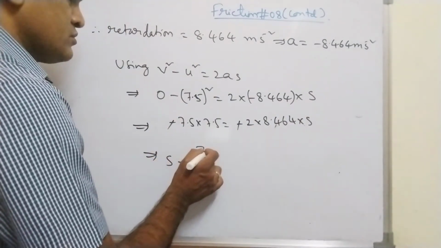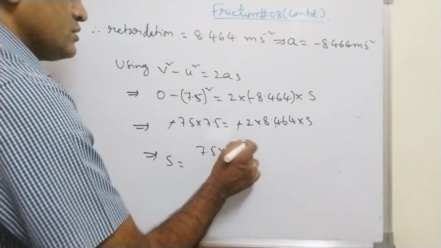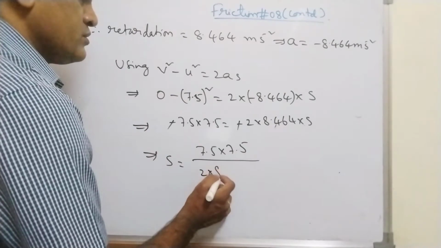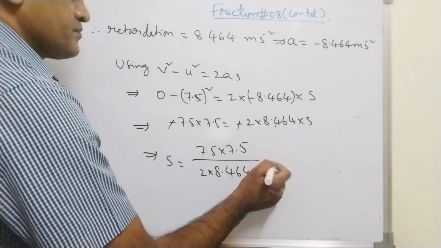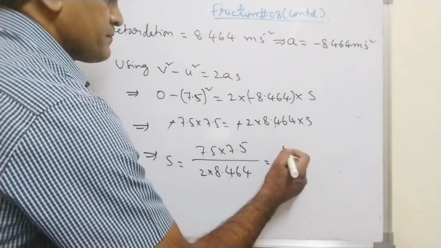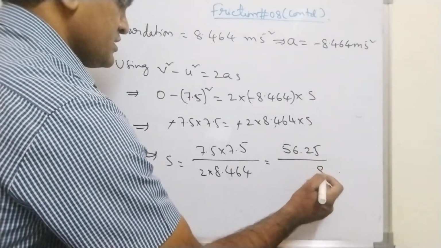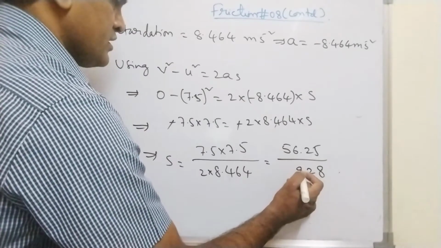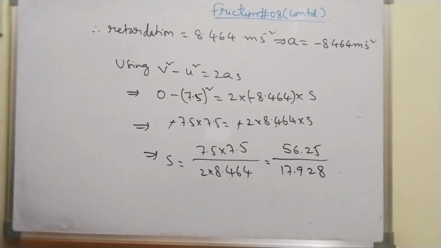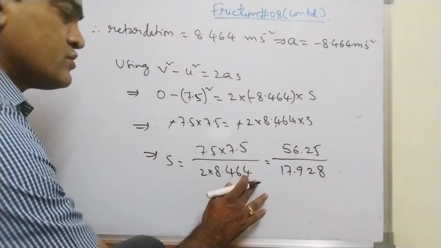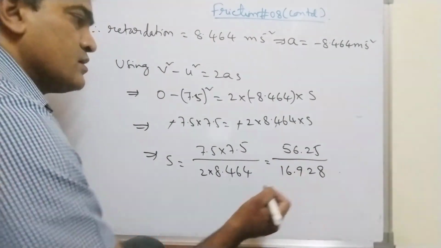So s is equal to 7.5 into 7.5 divided by 2 into 8.464. You do the calculation and do let me know. 7 8 56, 56.25 divided by 16.9 approximately.